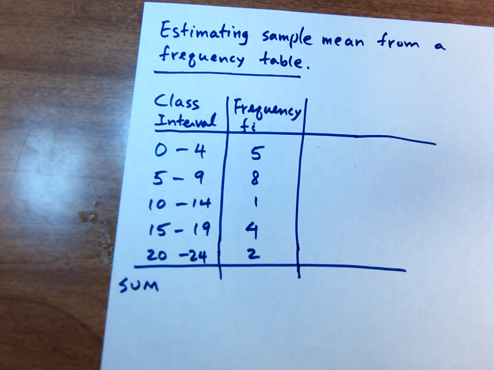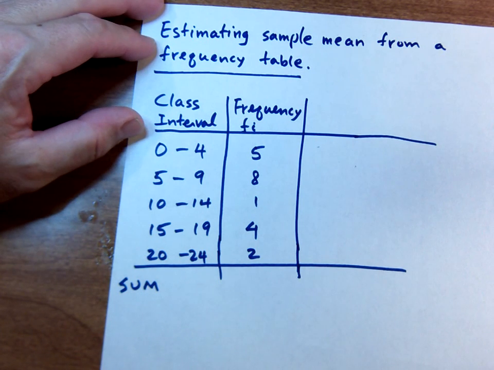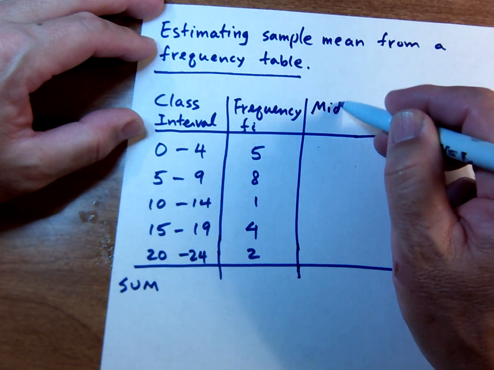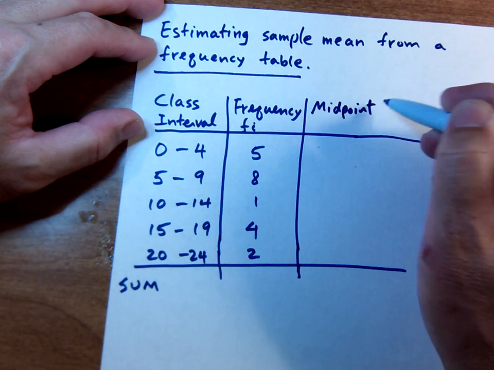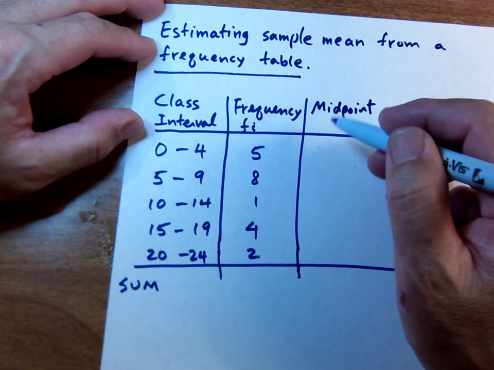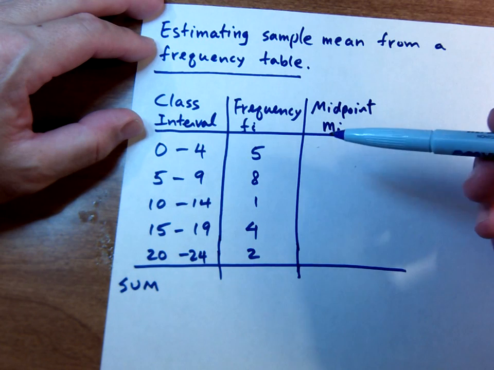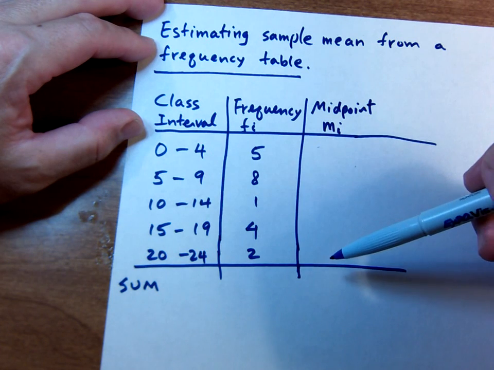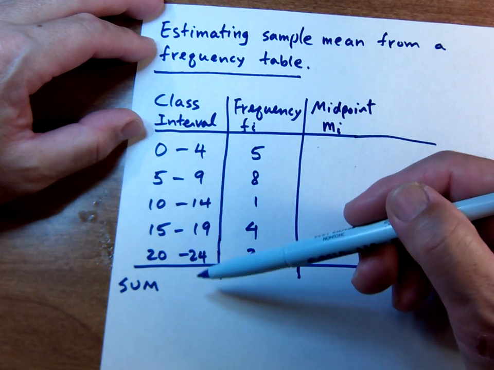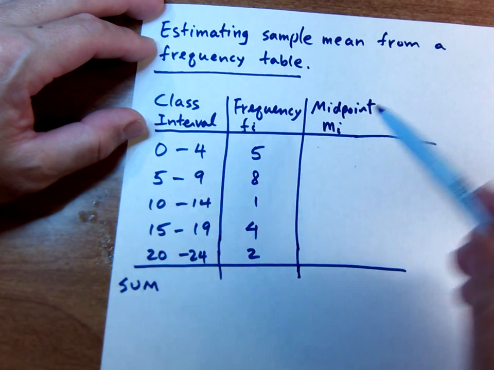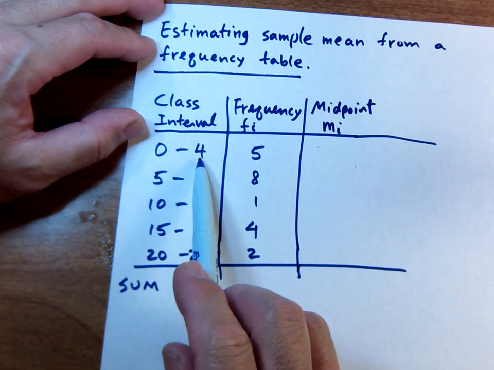What we need to do from here is come up with what is called a midpoint for each class interval, which I'm going to label as Mi. M stands for midpoint, and we need 5 midpoints because we have 5 class intervals. Midpoint is nothing more than the arithmetic average of the low and the high for each interval.